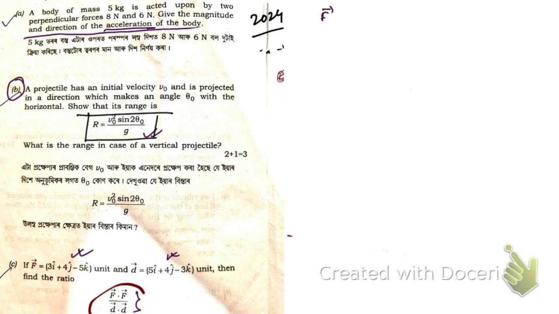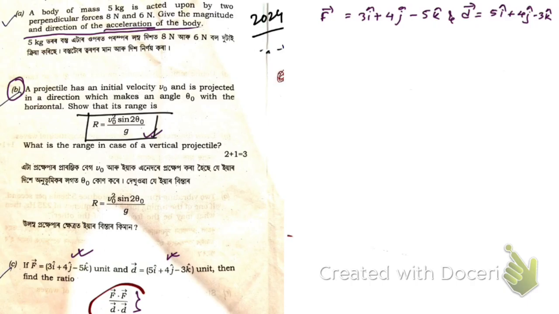The vector f is given, that is 3i cap plus 4j cap minus 5k cap. Then vector d is given, that is 5i cap plus 4j cap minus 3k cap. Okay, so these two vectors are given.